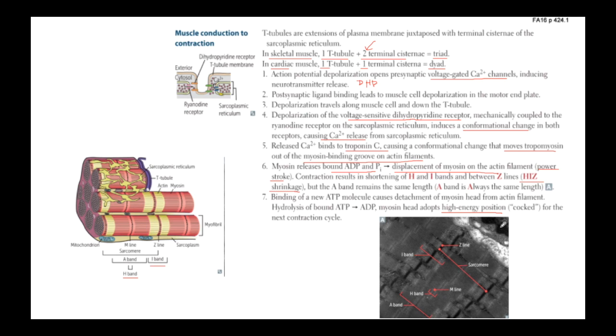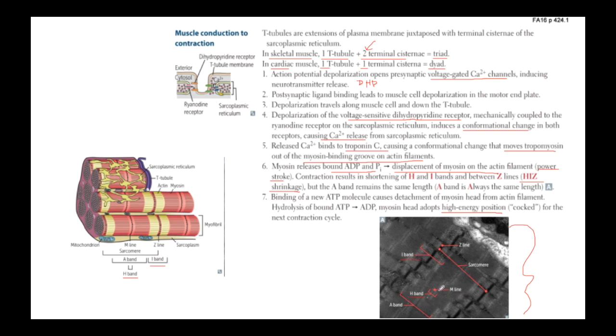And in questions, we'll often see images like these, this guy right here, that will ask about certain portions of the sarcomere, which we have a couple of examples later on. So just make sure you know we have our H bands and our I bands.